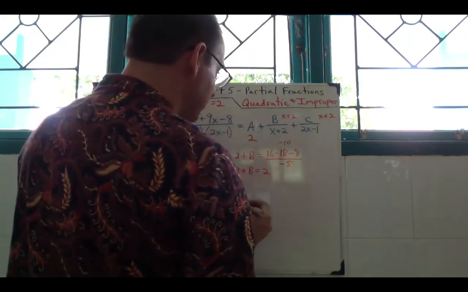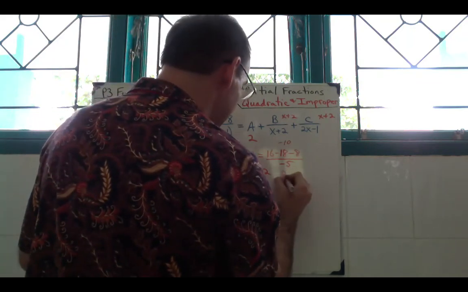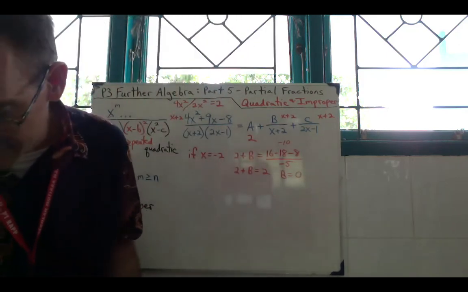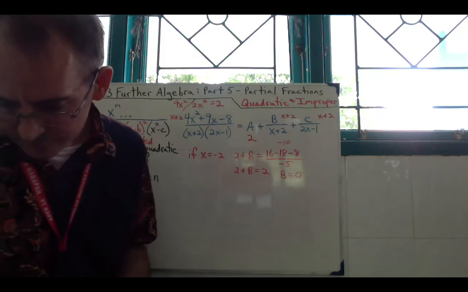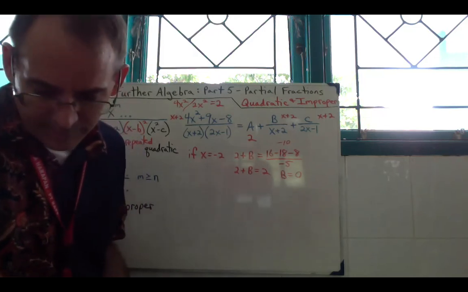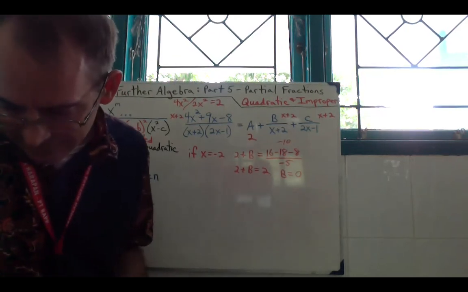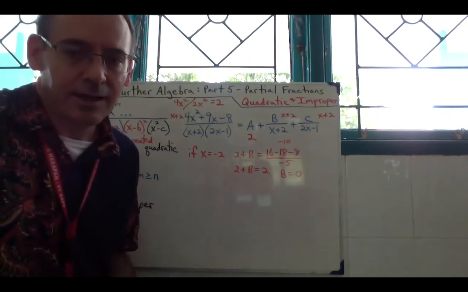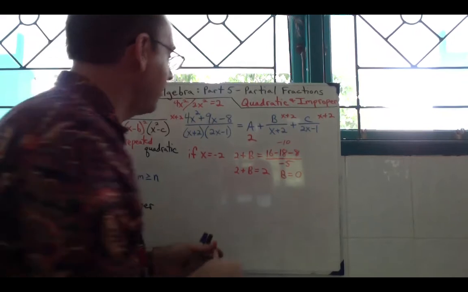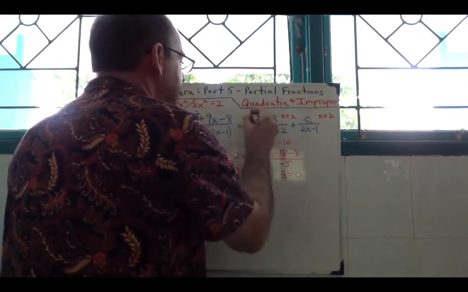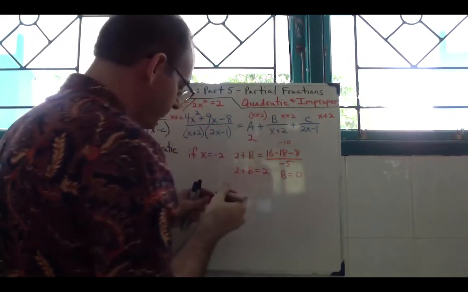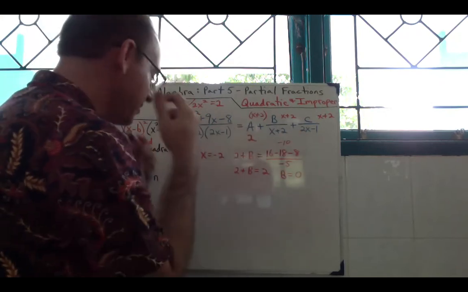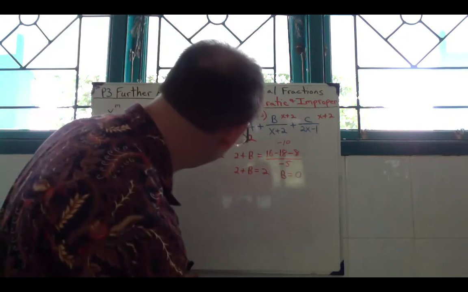It looks like our b equals 0. Do we have a b equals 0 here? Here we have this, and our b equals 2. Oh, that's right. I forgot to put x plus 2 here. Sorry, I multiply everything by x plus 2. I forgot to multiply the a by x plus 2.